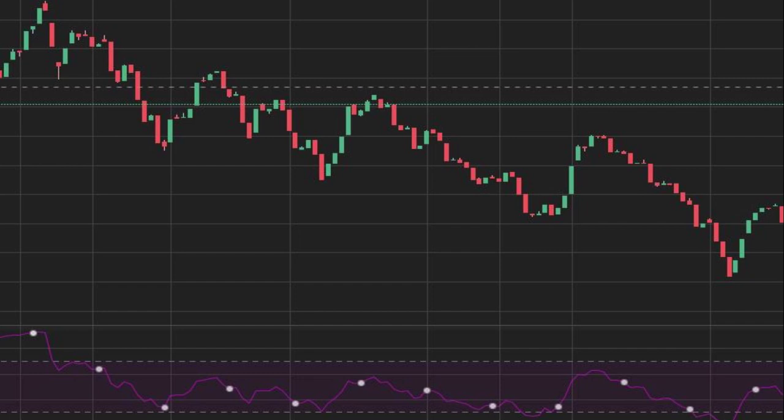But when we have a specific trend, for example an upward trend, when the indicator line comes below the 50 line and crosses it, this is a buying signal. Or if we have a downward trend like this image, when the indicator line crosses the 50 line, it's a selling signal.